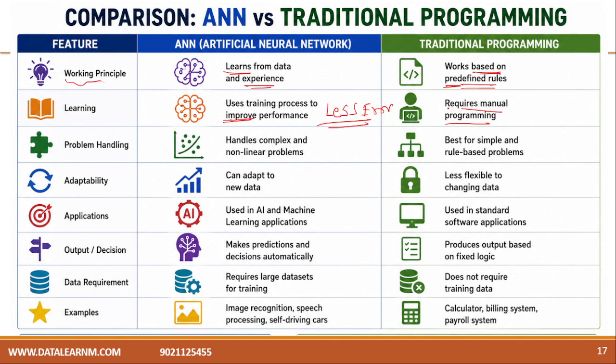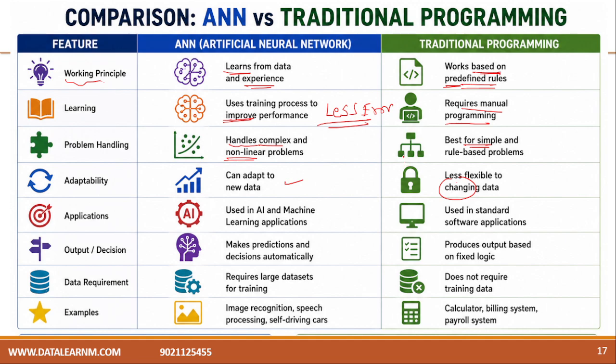We need to provide the iterations and work on the hyperparameters like that, so that we can improve the accuracy. If we talk about problem handling, ANN handles complex and non-linear problems, and traditional programming is best suited for rule-based programming. ANN can adapt to new data easily, while traditional programming is less flexible for changing data, or if data is updating regularly.